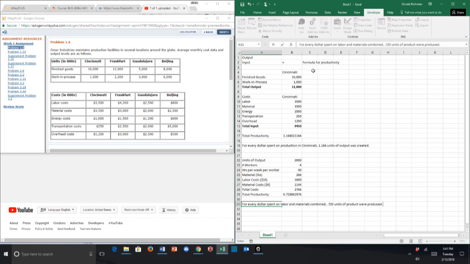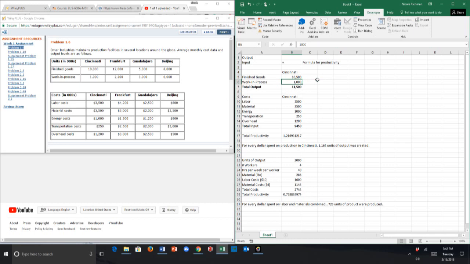So in this example, we have 4 different locations, and we're going to use Cincinnati as the example. We have finished goods and work in process. So our total output, and you'll see I use the sum formula. I like to use formulas and cell references anytime I set up a problem like this because, let's say, our production department called and said, oh, we made an error, we actually have 10,500 finished goods.